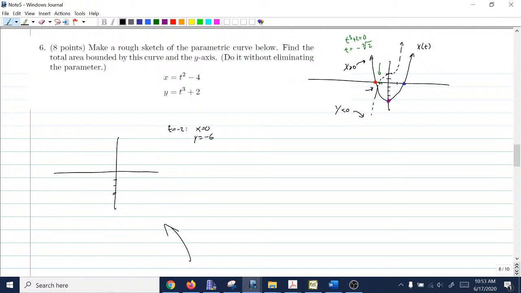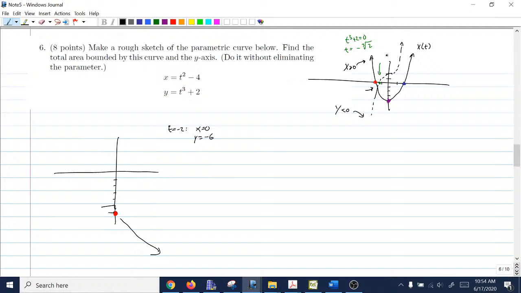So 1, 2, 3, 4, 5, 6. Here is a point of interest, and I'm going to label this as the red point. Prior to that point, I was out here somewhere. I don't know if I was concave up or concave down. That would probably be some work to work out. But something like this.